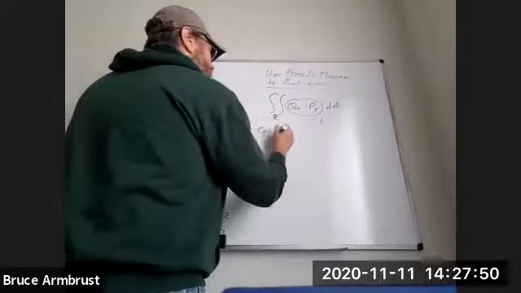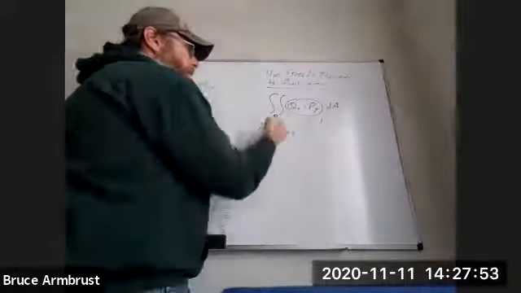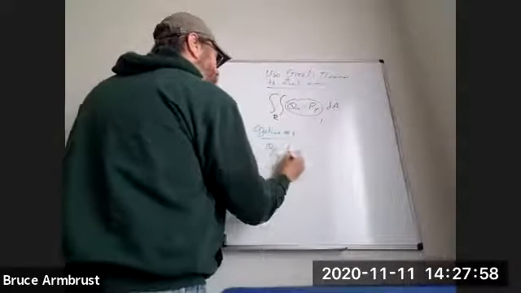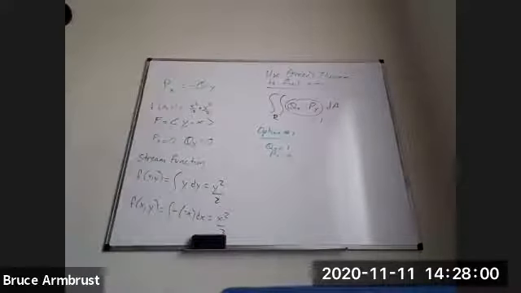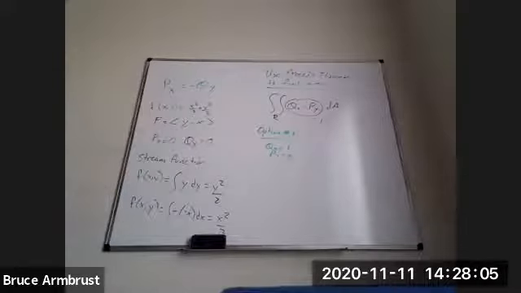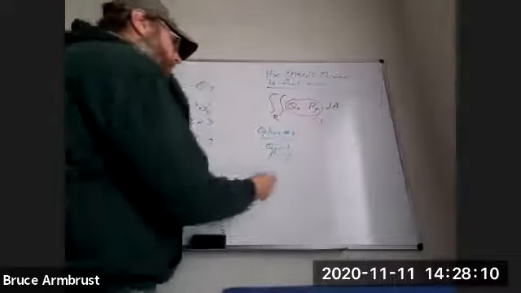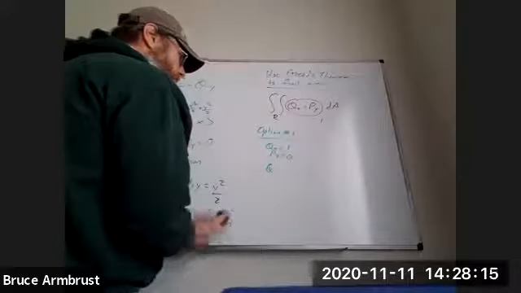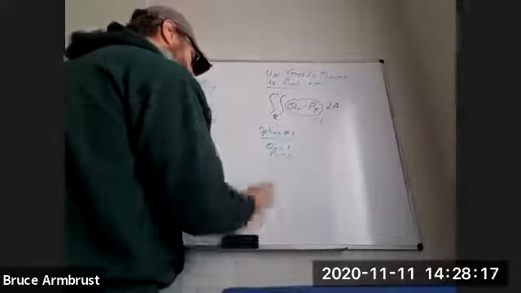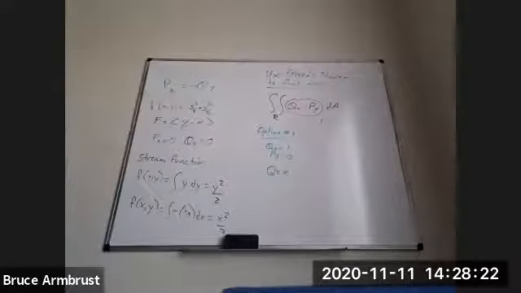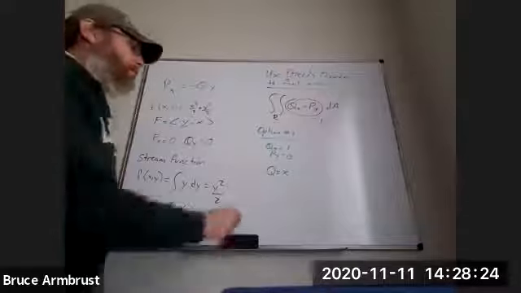Here's one option. Option number 1. We can make it where Q_x equals 1 and P_y equals 0. Right? Because if Q_x is 1 and P_y is 0, then 1 minus 0 is equal to 1. So let's think about what those things would look like. Well, that would make Q equal x, and that would make P equal 0.